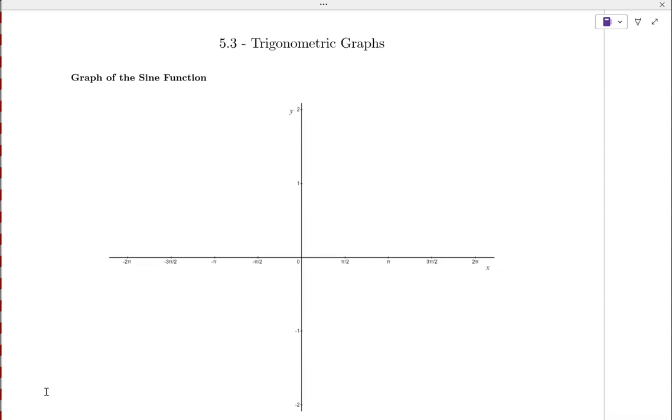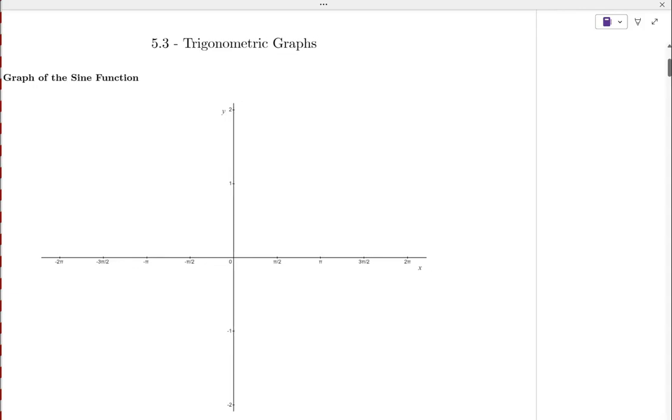But to do that, let's get the base graph down first. If you don't have an idea of what the graph looks like to start with, you should start with the tried and true plug and chug idea. Pick some values for x, get some values out for y, play connect the dots, see what happens. So let's do that for our purposes here.